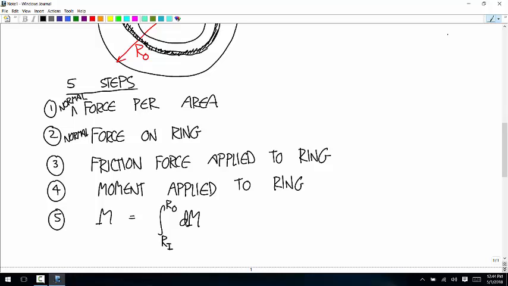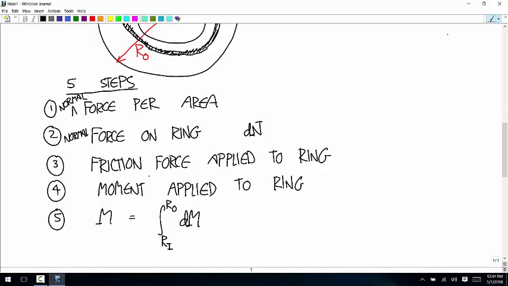Okay, so let's go through this derivation. So the normal force on the ring, I'm going to call this dN, and we're just going to go through this order. I think the best way to do it is just get in the habit of doing it the same way every time and sort of ingrain it. But the normal force on the ring is d normal.